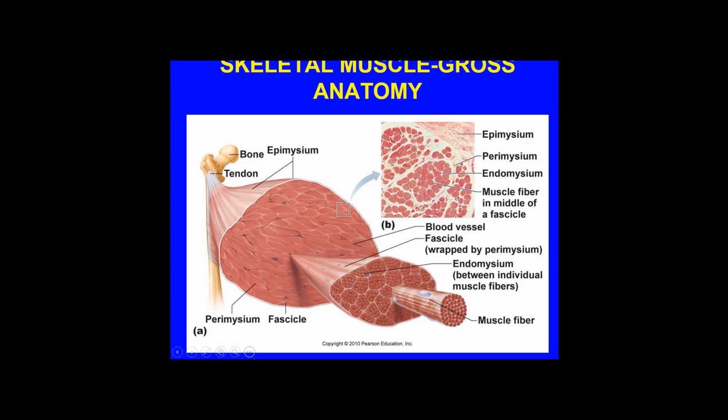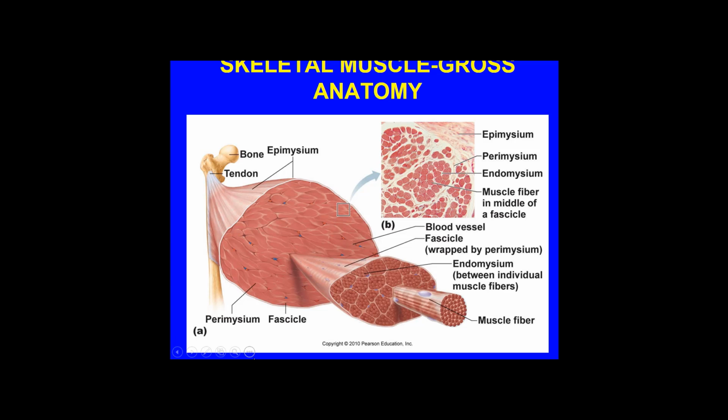So it's almost like those Russian dolls where a smaller one will go inside of the next size up, and the next one size up will go into another one and another one and another one. We're going from the large muscle structure to what makes up that muscle structure, the fascicles. And what makes up the fascicles are bundles of muscle fibers.